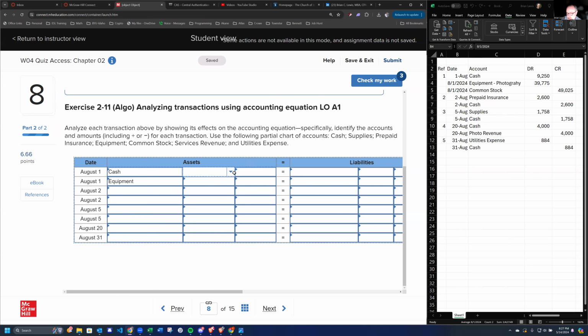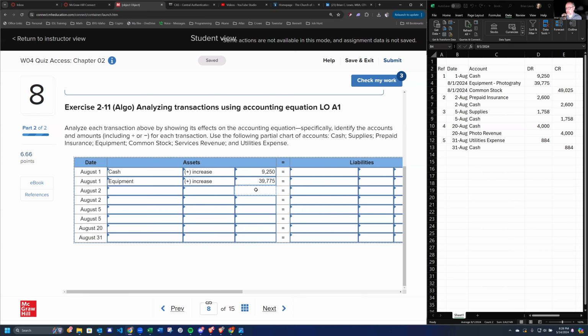This is going to be a debit and a credit, I think, on these sides. This is an increase or decrease? It increased the amount, and I'm guessing this is the amount. Yep, 92,250, and this should be for 39,775.